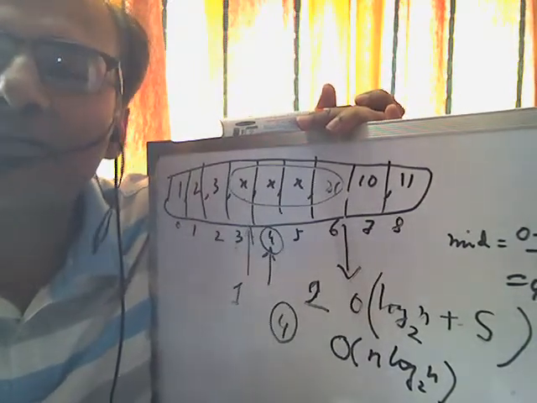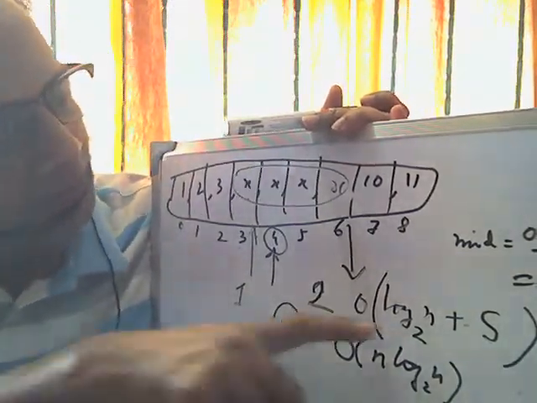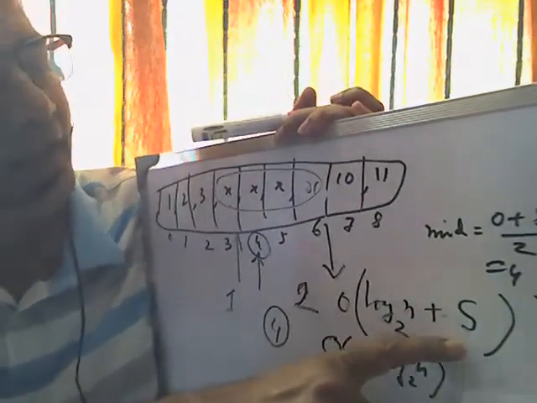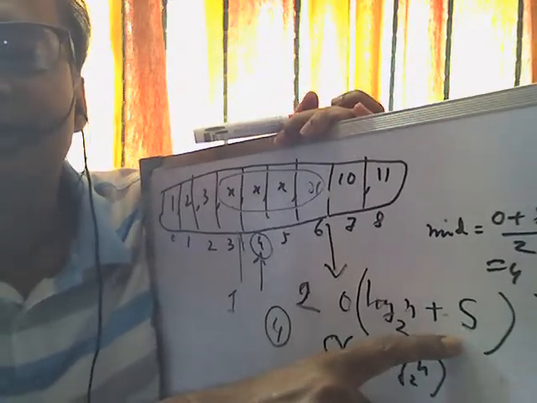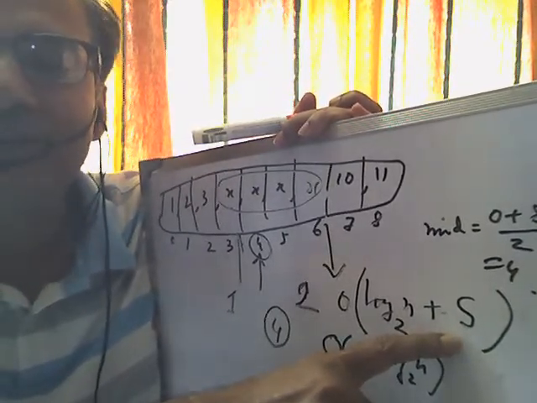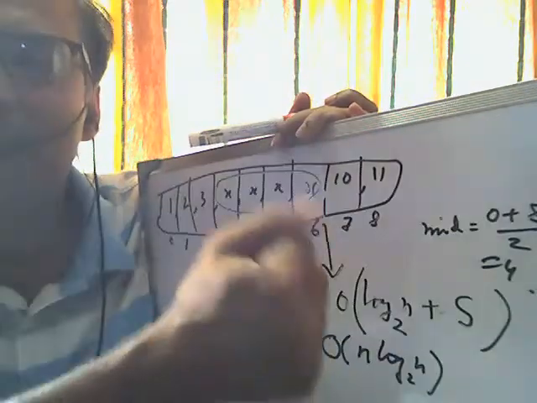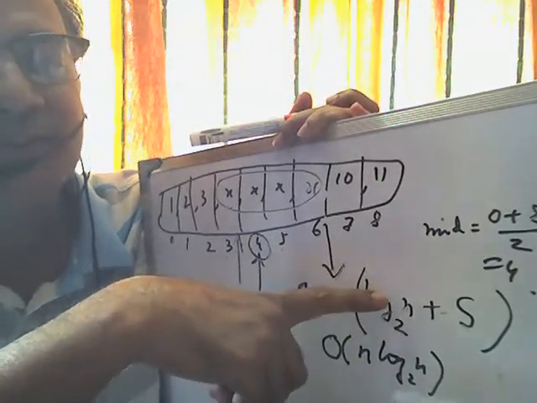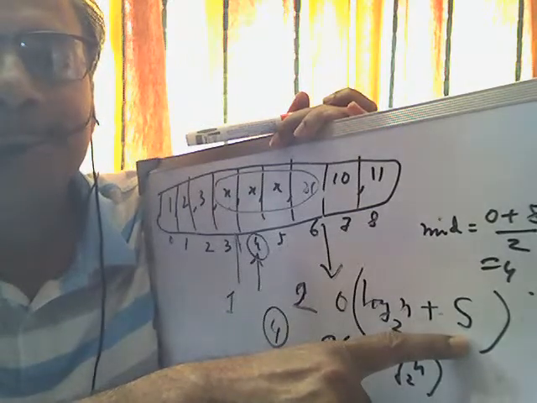Is it clear to everybody that s is basically the number of occurrences? Yes, that's why it is called an output sensitive algorithm. Every time the efficiency depends on the number of inputs, but here it is not only the number of inputs, sometimes it depends on the output, right?